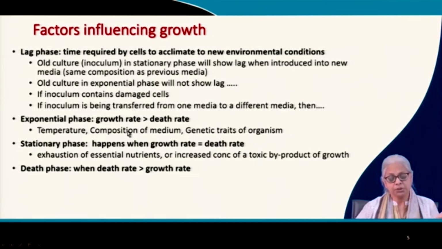If you change the composition of the media, again there will be a change, and the genetic traits of the organism matter too. So different species will grow at different rates, but in the log phase, or the exponential phase, the slope or the growth rate is really dependent only on the growth limiting substrate concentration. Okay, so that is the hallmark of the exponential or log phase.